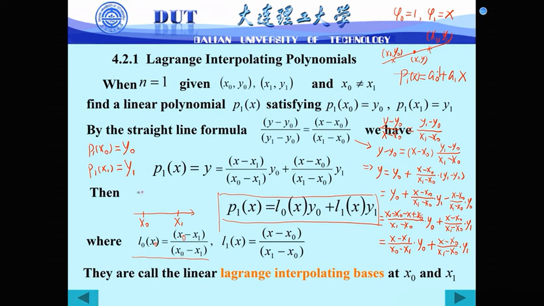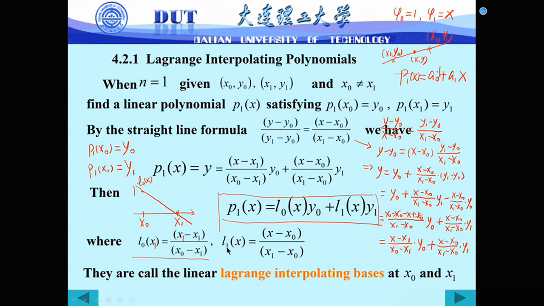So for example, this is function value 1. And if we check the function value at x1, x1 minus x1 is 0, so the function value is 0. Because this is also a straight line passing through these two points, the straight line should be like this. Then this is the graph of L0(x).